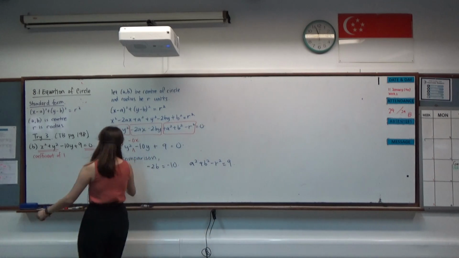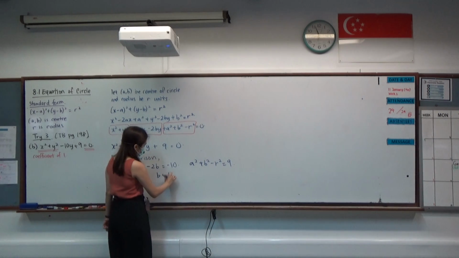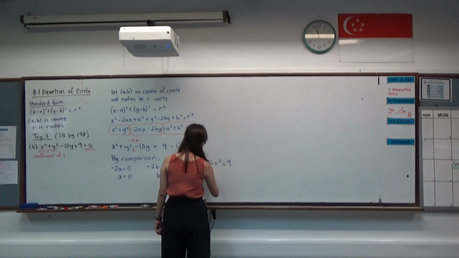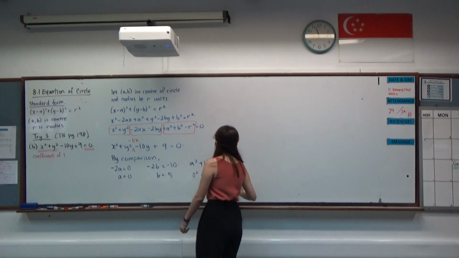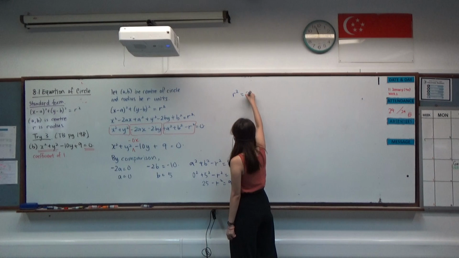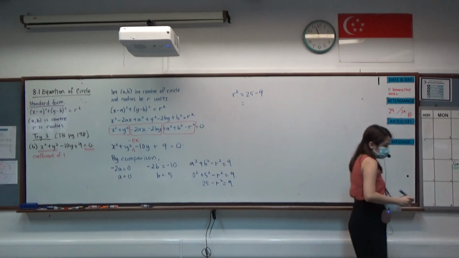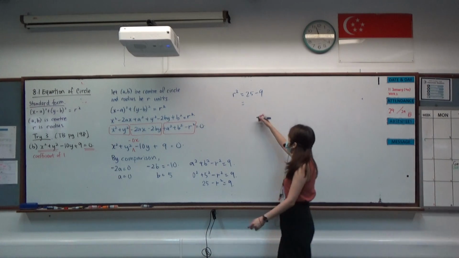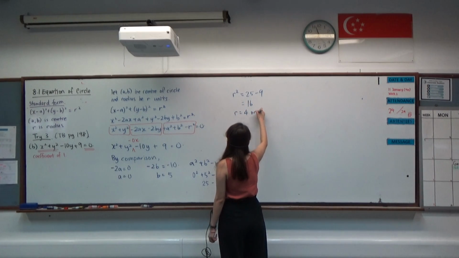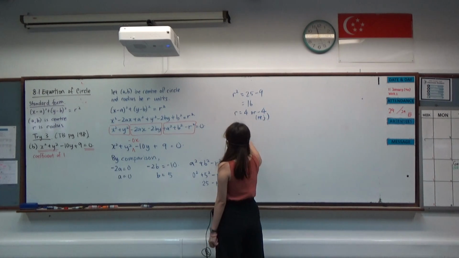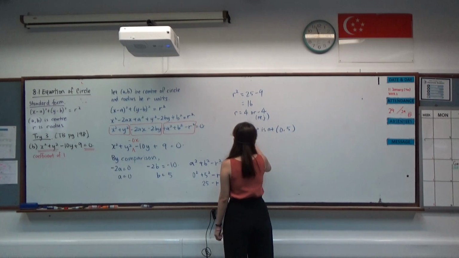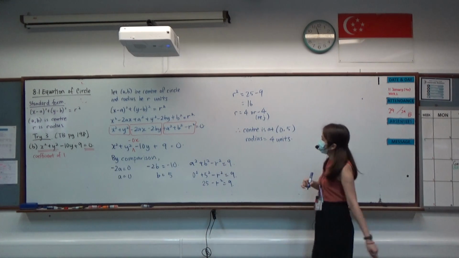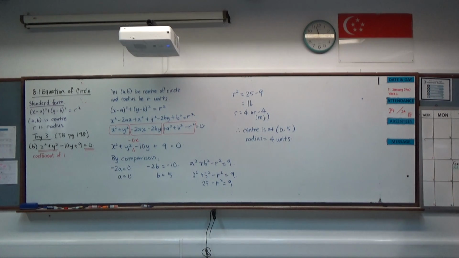So then after that, we see that a is equal to 0, b is equal to 5, and we find that the center is at (0, 5) and the radius is 4 units.